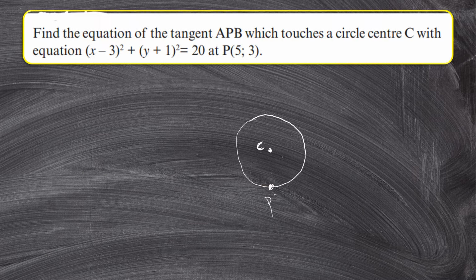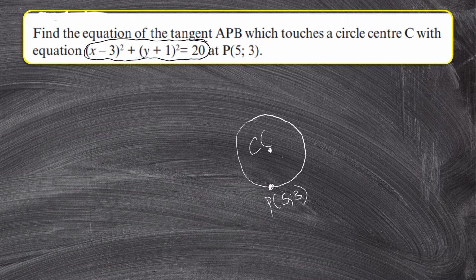So we have this point P which is (5; 3), right? And we have C, the center of the circle, but we are given the equation of that circle. We know that from an equation of a circle we can deduce the center, so long as it's in standard form, or if it's not in standard form we can complete the square and make it standard form and deduce the center.